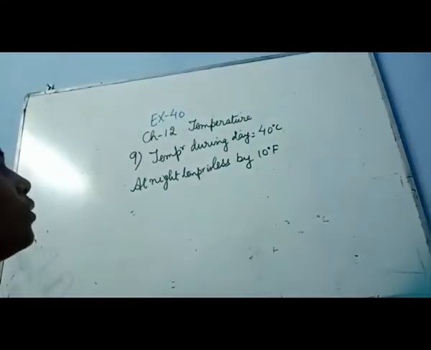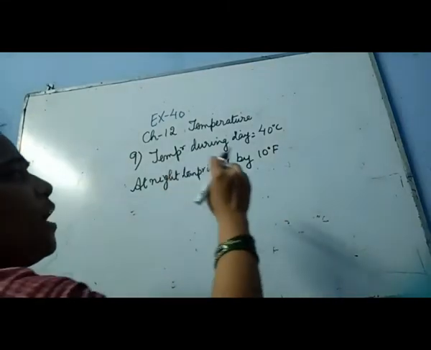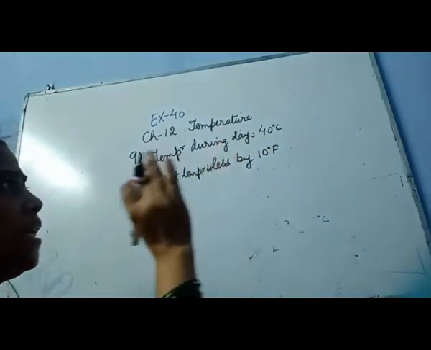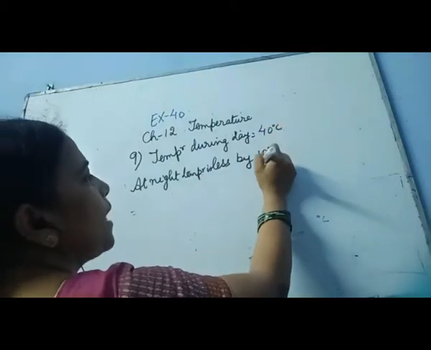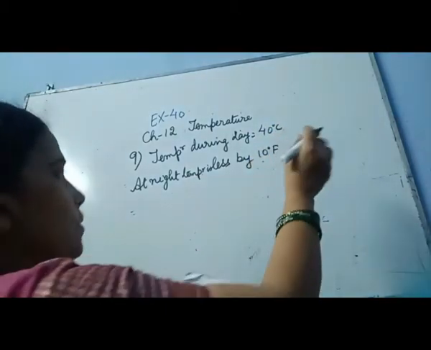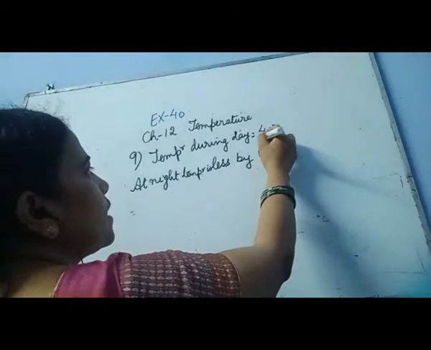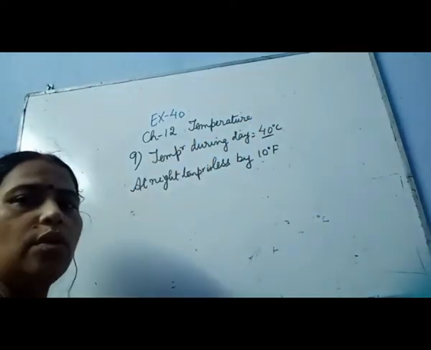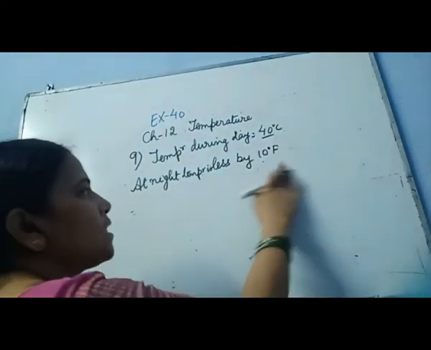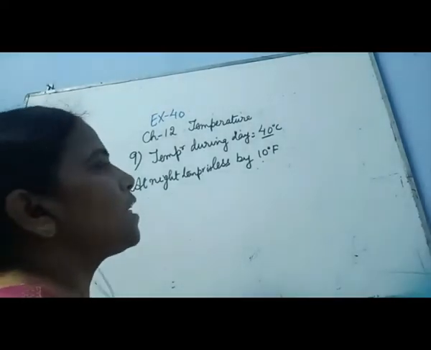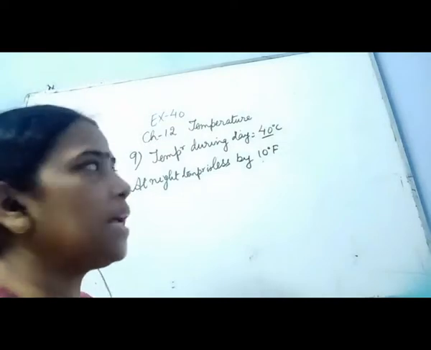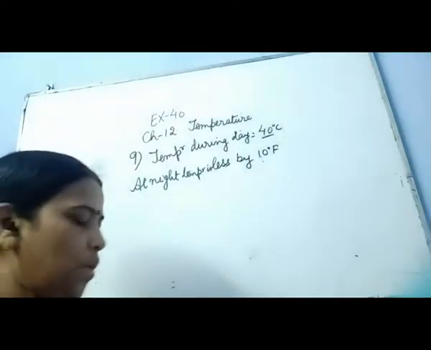So what you will do in this is find the temperature in Fahrenheit. First of all, we will convert the Celsius: first we are going to convert this degree Celsius into Fahrenheit. How do we know this?